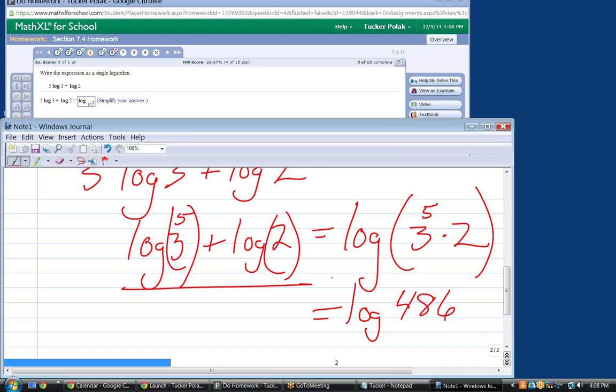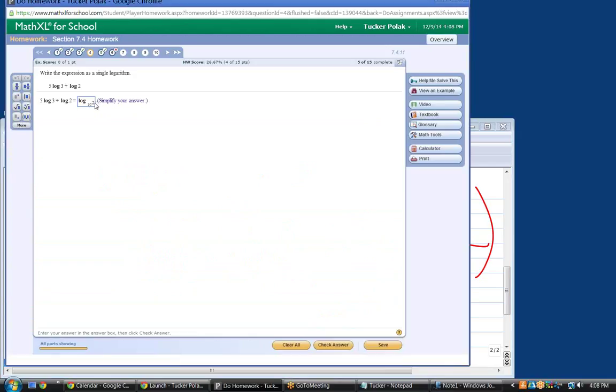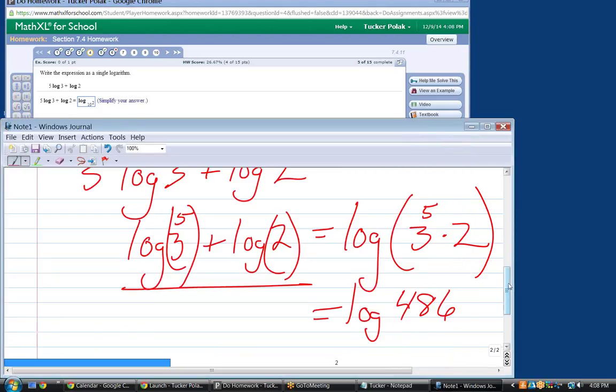Okay. Let's see what kind of form it wants it in here. I wrote that answer. Yeah. I can just delete all that. So let's see. I can just say the log of, what was the number? 486. I don't think that's right.